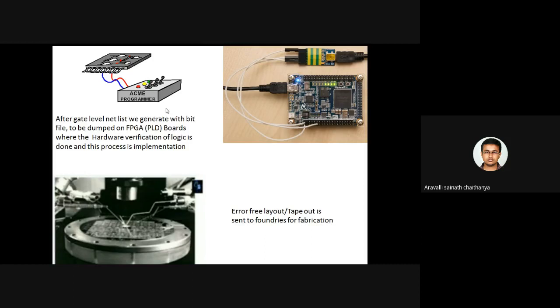Okay. So that diagram you can see on the right side of the PPT slide. This is my FPGA board. The output of your CPU is connected to the input port of your FPGA board, such that the programming file, which is FPGA understandable, is dumped onto your FPGA board, so that I can verify the hardware.